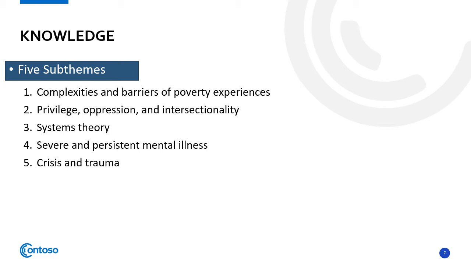Next in the grounded theory approach is the competency of knowledge. Clark states that the best practices were expressed in 5 subthemes: complexities and barriers of poverty experiences, privilege, oppression, and intersectionality, systems theory, severe and persistent mental illness, and crisis and trauma.